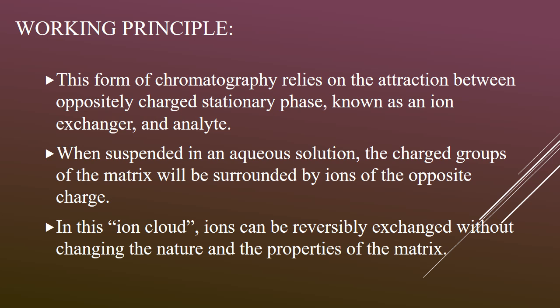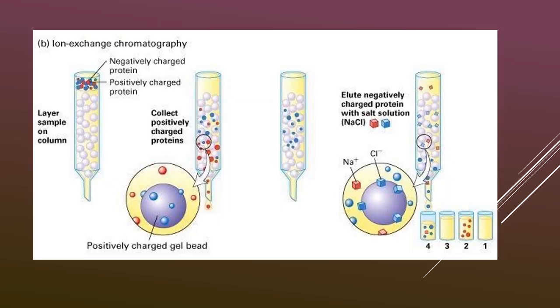When suspended in an aqueous solution, the charged group of the matrix will be surrounded by ions of the opposite charge. In this ion cloud, ions can be reversibly exchanged without changing the nature and properties of the matrix. Working principle for ion exchange chromatography, whereas the charged particles are eluted.